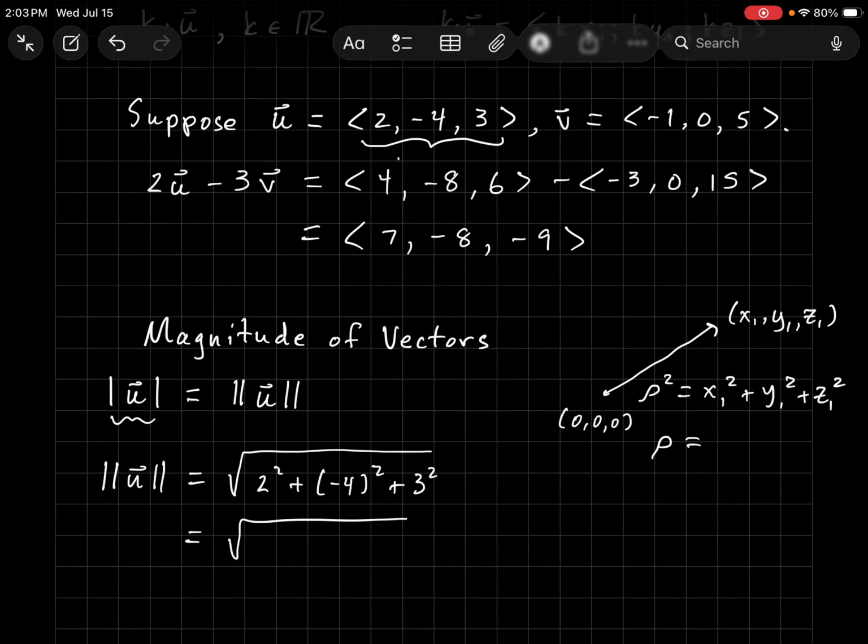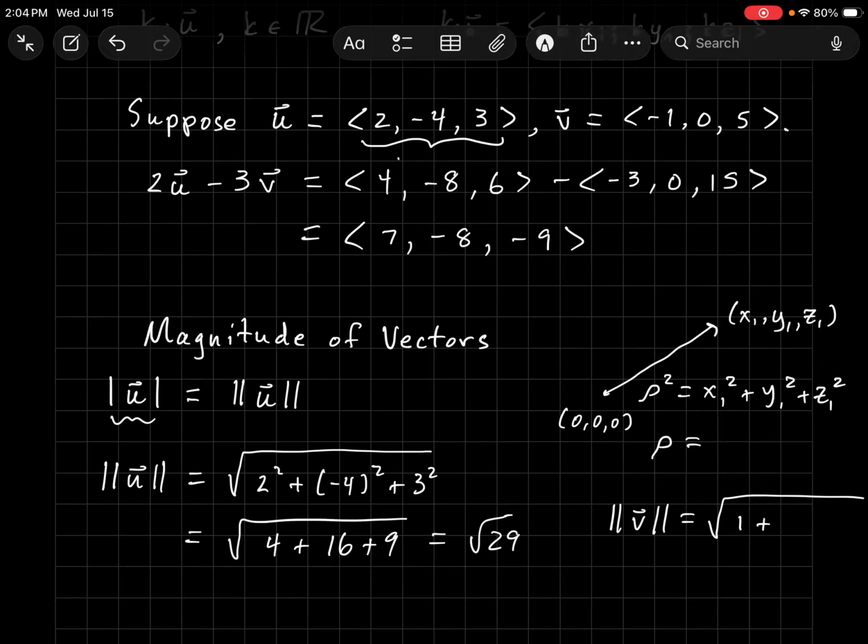So the square root of 4 plus 16 plus 9 equals the square root of 29. And let's do the magnitude of v really quickly as well, just to give another example. It is the square root of negative 1 squared plus 0 squared plus 5 squared, or the square root of 26.